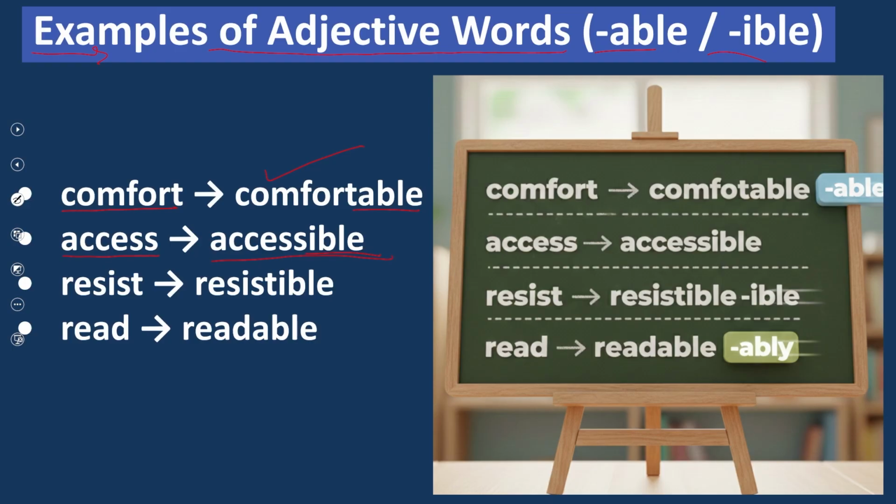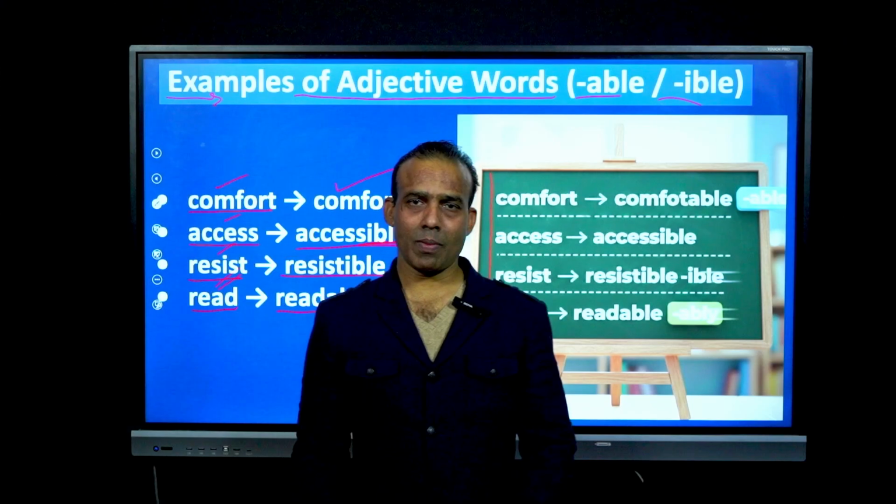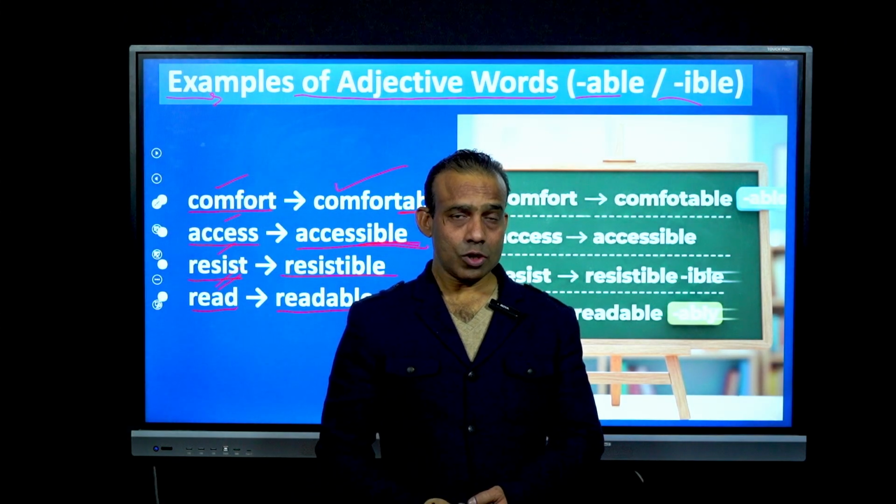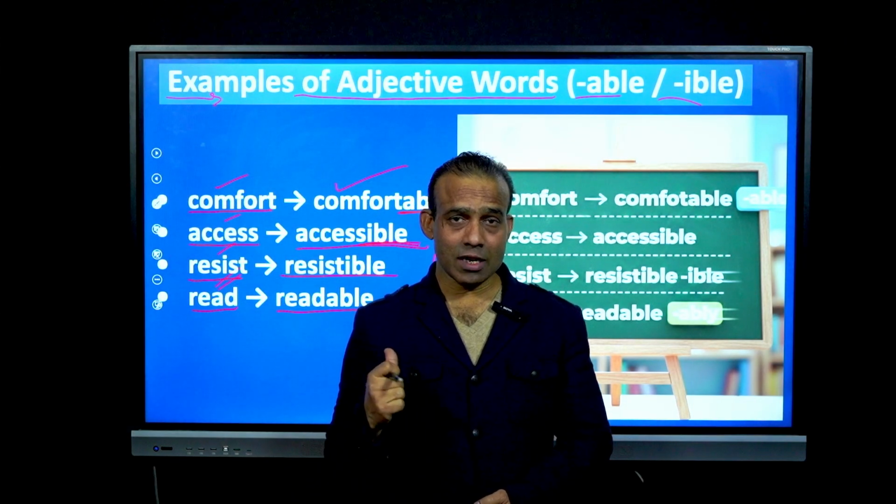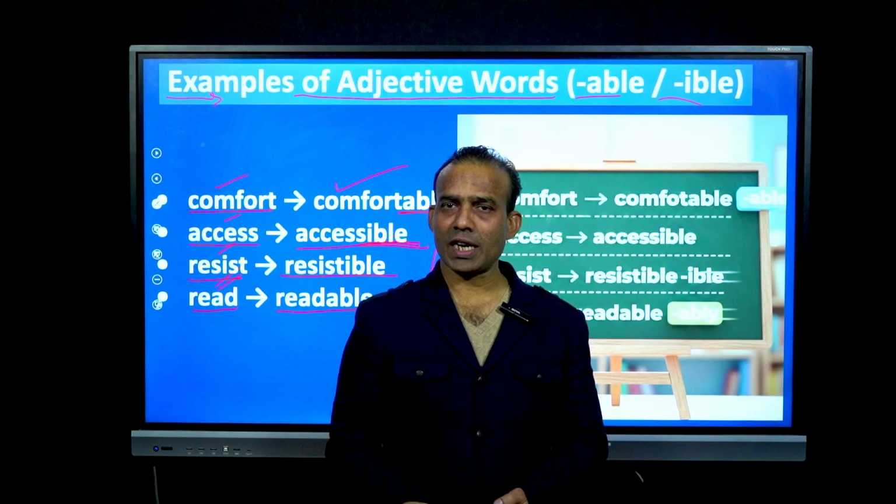So it has converted into an adjective as well. Resist, resistible. Read, readable. Now, all these root words have been converted into adjectives by adding able and ible suffixes at the end. The same is here in this picture. So, my dear learners, I hope you have learned this concept clearly. Now, move to the next slide.